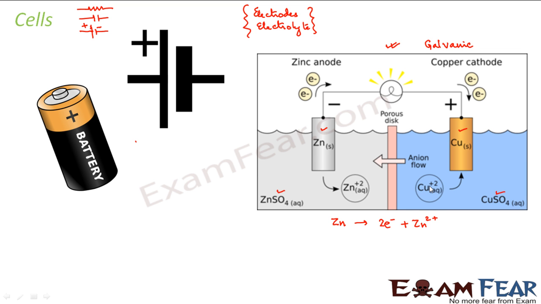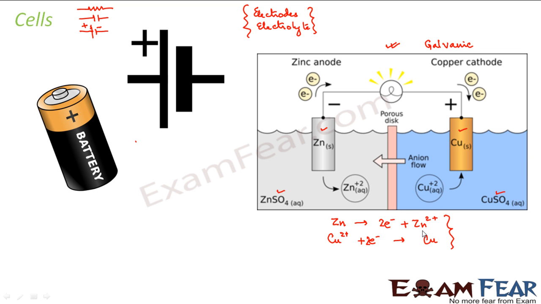Zinc has a wish that it gives out two electrons and becomes a zinc ion, whereas the copper ion has a wish that it gains two electrons and becomes copper and sticks to the copper electrode, right? So both of them have two different wishes. Copper wants to gain two electrons and become copper, right?